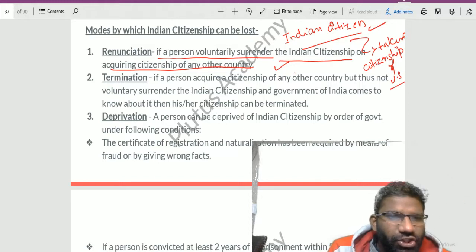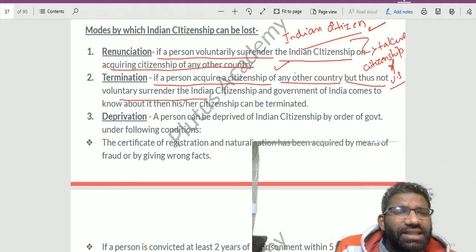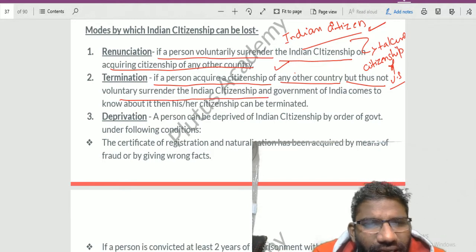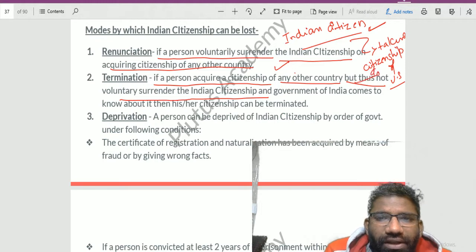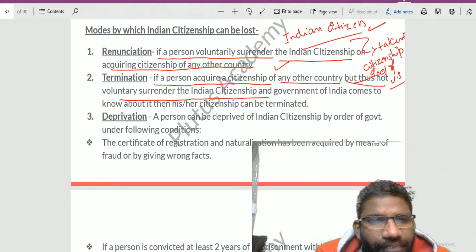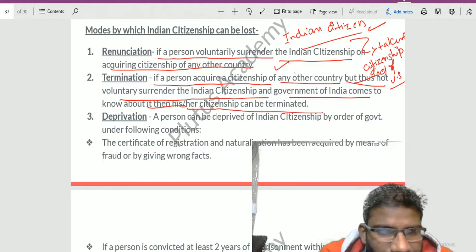Next is termination. If a person acquires the citizenship of any other country but does not voluntarily surrender the Indian citizenship, and he is not informing the authority, the Government of India comes to know about this, and his or her citizenship can get terminated.